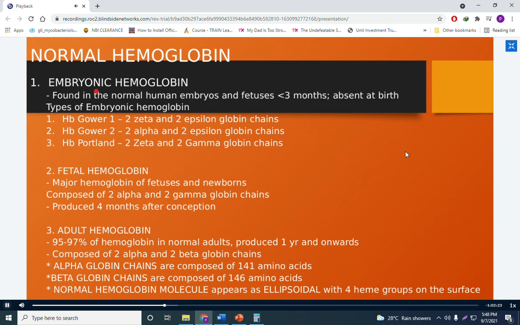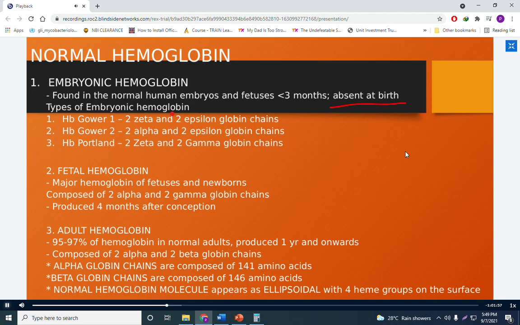Okay, let's analyze them again. Your embryonic hemoglobin, class, is found in normal human embryos and fetuses less than 3 months old and is usually absent at birth. So you no longer have embryonic hemoglobin the moment you are born. There are 3 types of embryonic hemoglobin: Gower 1, Gower 2, and Portland.